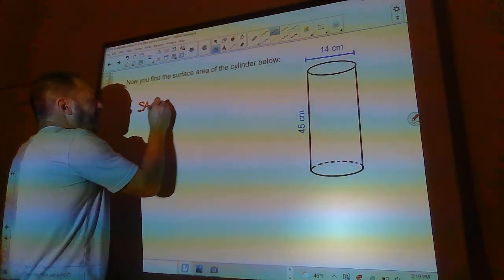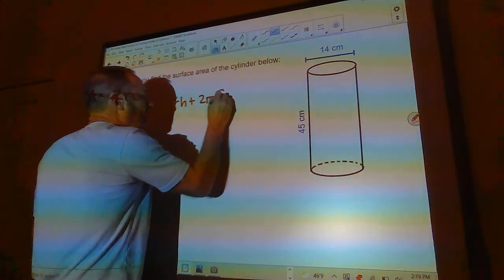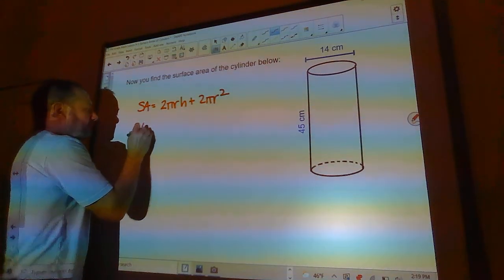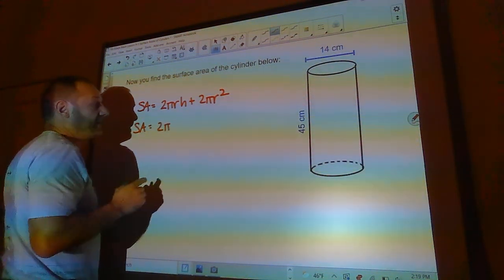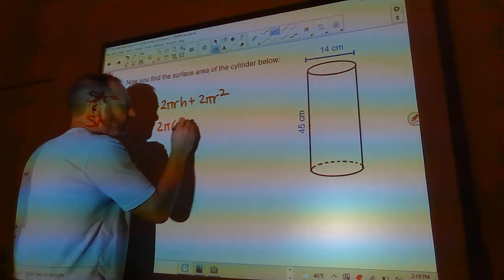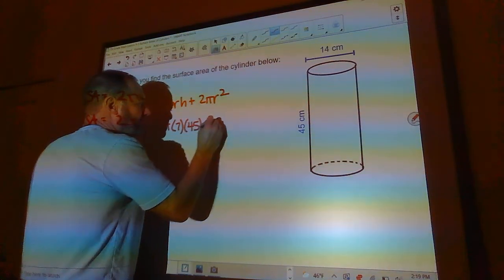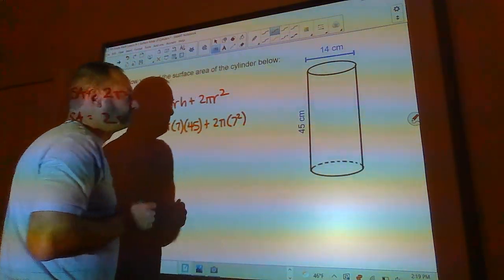Okay, remember the surface area is going to be 2 pi r h plus 2 pi r squared. So 2 pi, now it's the radius, not the diameter, so the radius is 7, the height is 45, plus 2 pi times 7 squared.